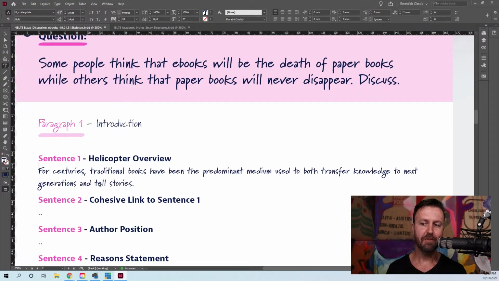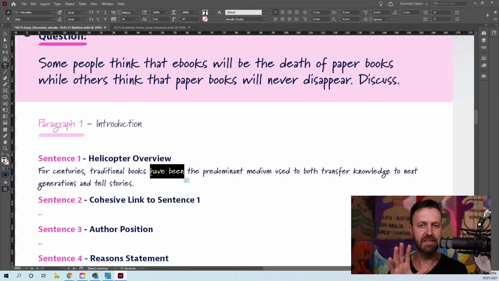So for centuries, as in for hundreds of years, traditional books have been the predominant medium, as in the predominant thing that has been used to both transfer knowledge to next generations and tell stories. Now, when we're writing sentences, whenever we start a sentence with the word for, we generally would use a present perfect structure after that.